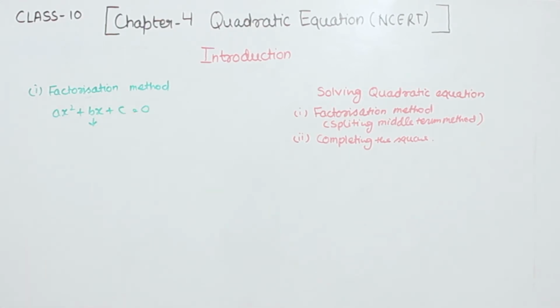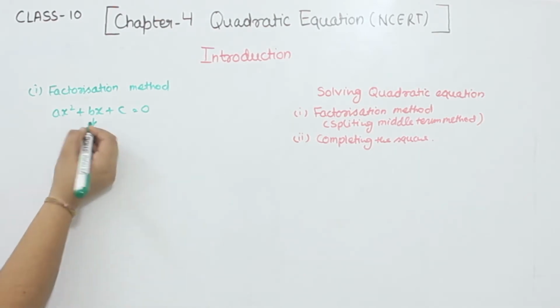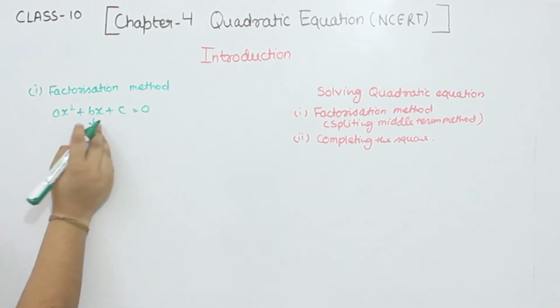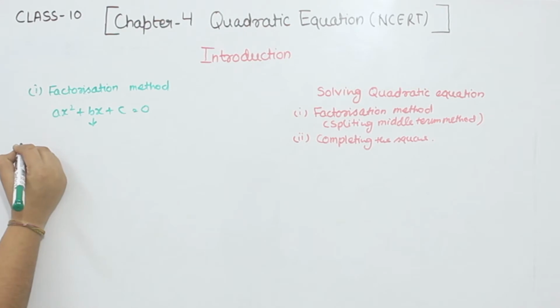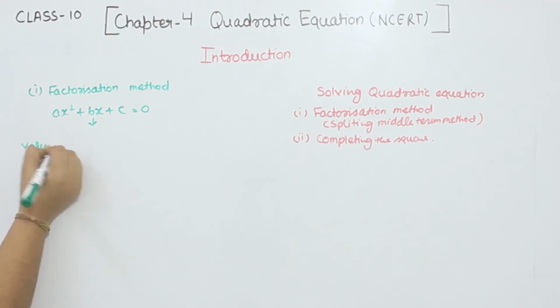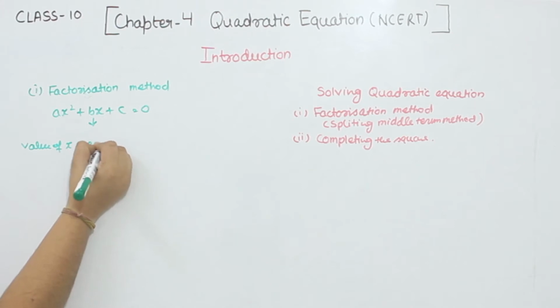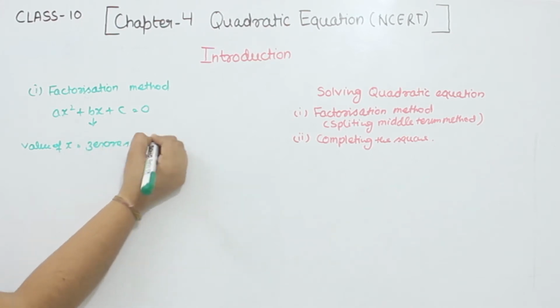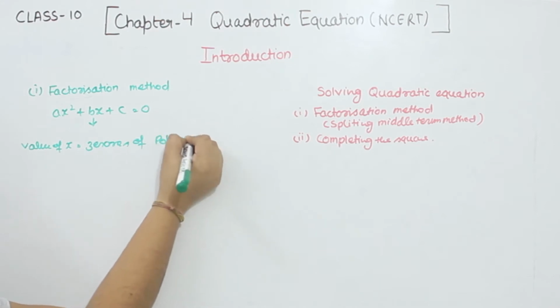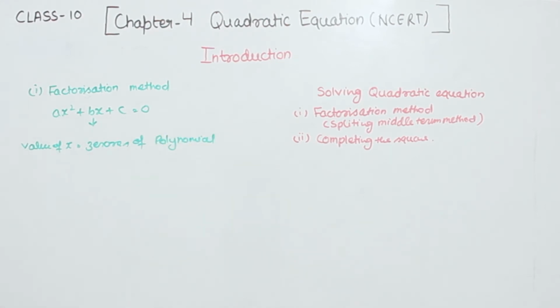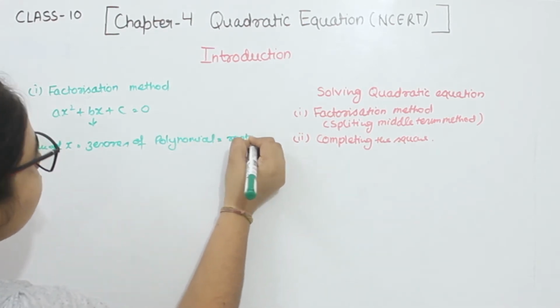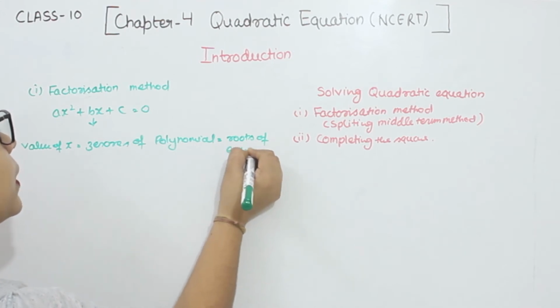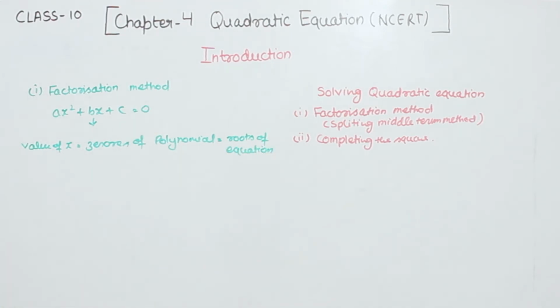We break the middle term. The value of x is known as the zeros of the polynomial, and this is also known as the roots of the equation or polynomial.